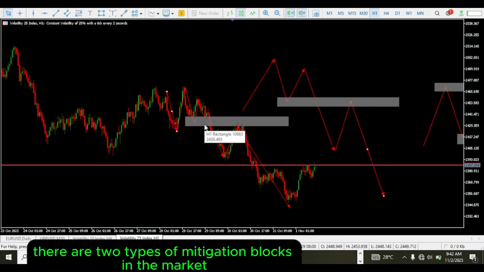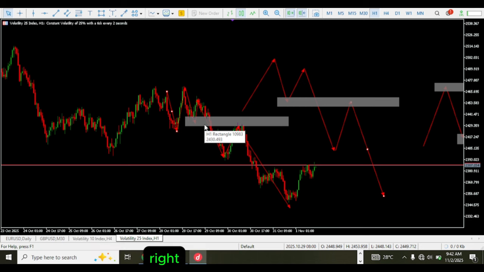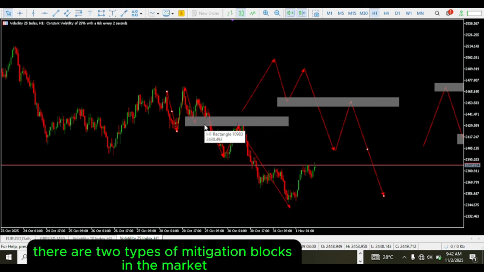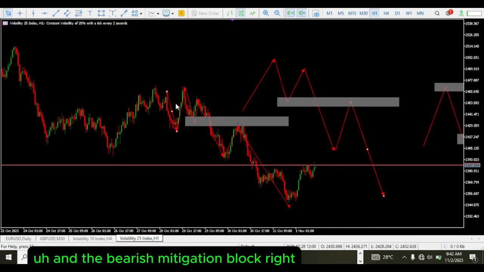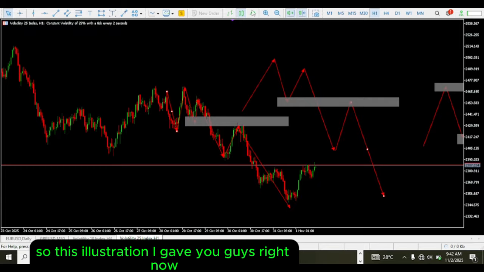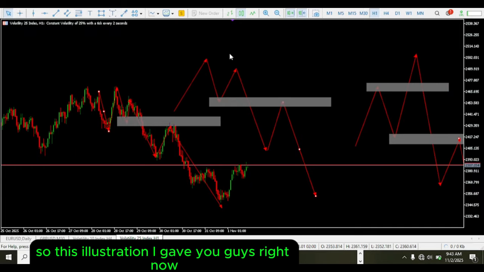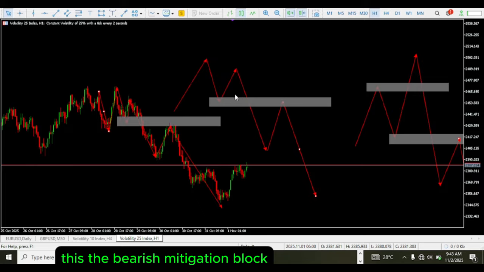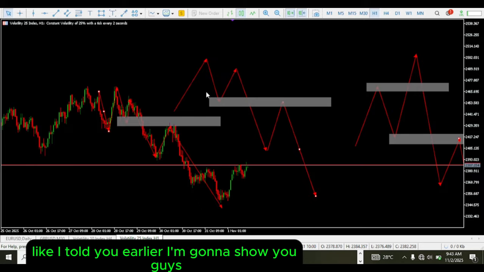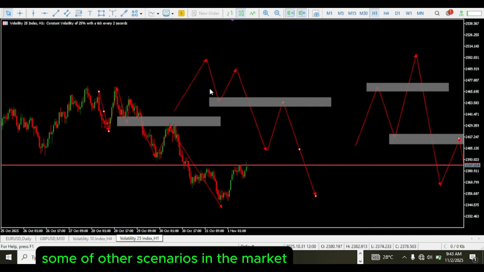There are two types of mitigation blocks in the market. We have the bullish mitigation block and the bearish mitigation block. This illustration I gave you right now is the bearish mitigation block. Like I told you earlier, I'm going to show you some other scenarios in the market so that you won't get confused.